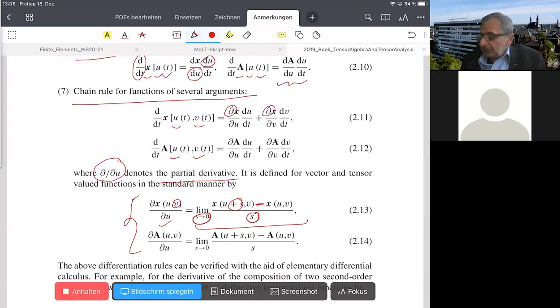The same is valid for the other one, completely the same: only one variable u is varied, and the other one, v, is frozen. In this case, we speak about the partial derivative, right?